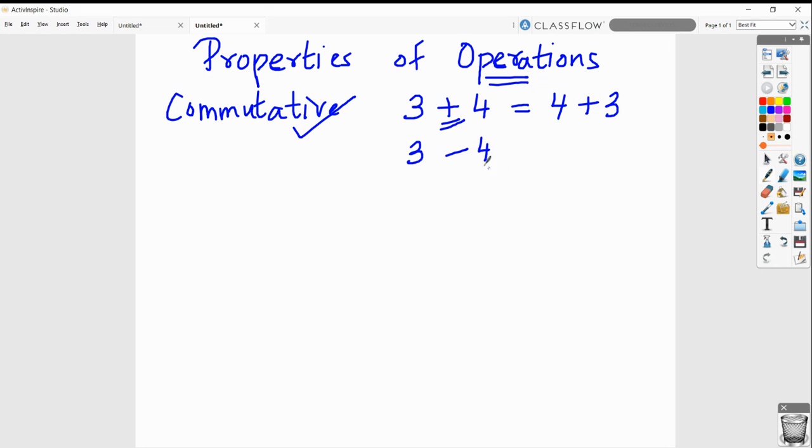So addition is commutative. Now if I take a similar example, 3 and 4, but the operation is subtraction. 3 minus 4. Now I want to exchange the places of the numbers: 4 minus 3. Understand that commutative means exchanging the places of the numbers. Will 3 minus 4 give the same answer as 4 minus 3? You all know it will not give. So subtraction is not commutative. Similar case with 3 and 4 when they are multiplied, right?